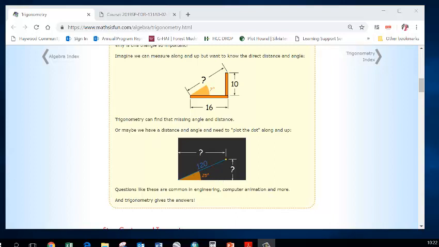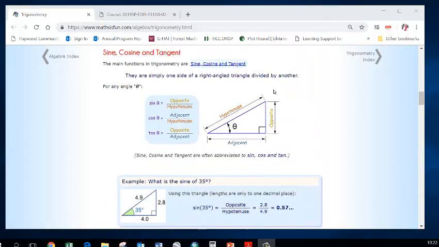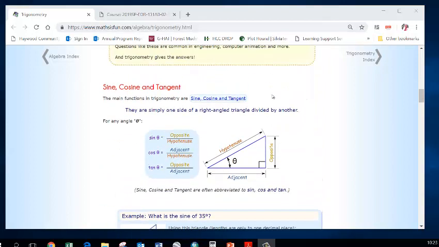Well, moving on down, this introduces the concept that's used particularly for right triangles, this idea of sine, cosine, and tangent. They look fancy, but really what it says is the sine function of theta is simply the ratio of the length of the opposite side to the length of the hypotenuse.